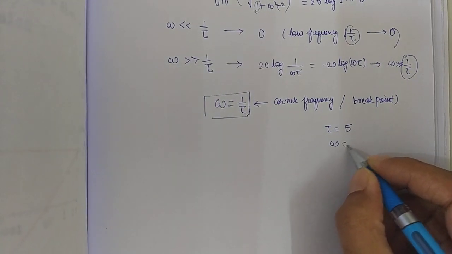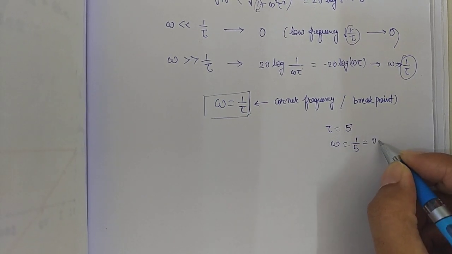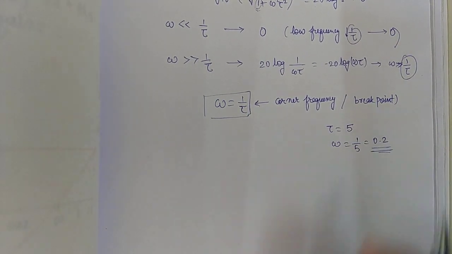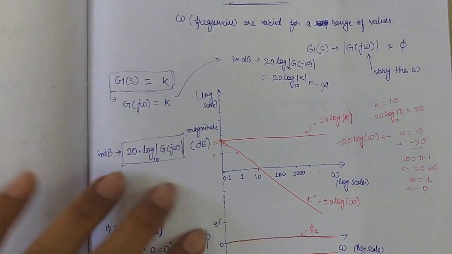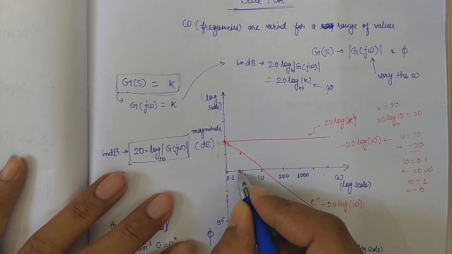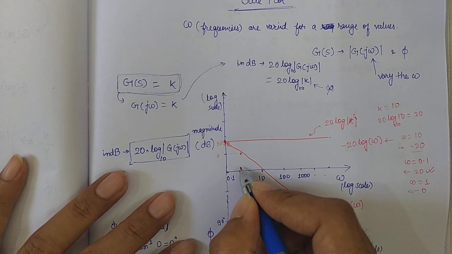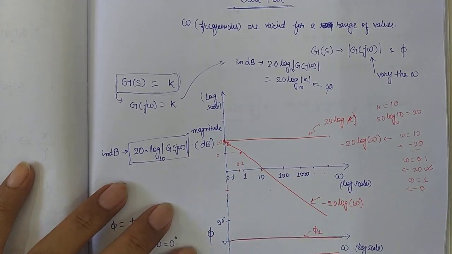So my omega is equal to 1 upon 5, which is 0.2. So from 0.1 to 0.2, let's suppose 0.1 is here, 0.2 is here.